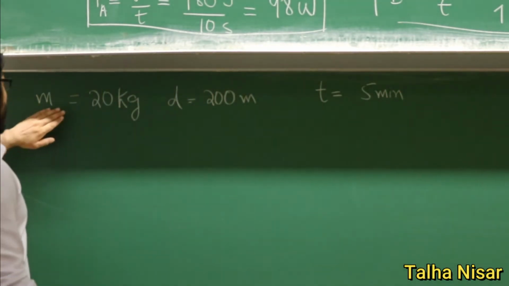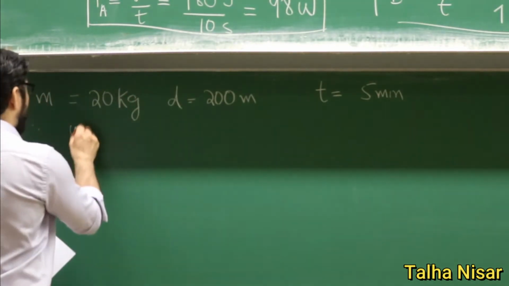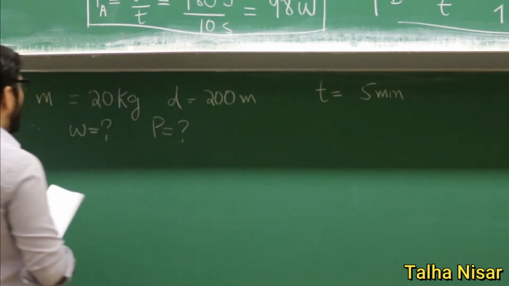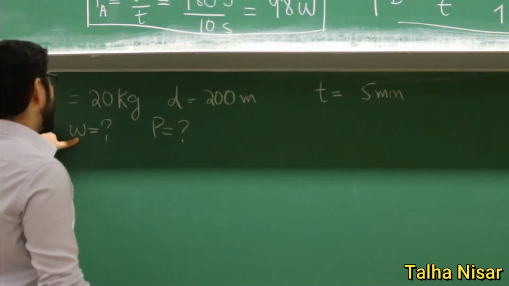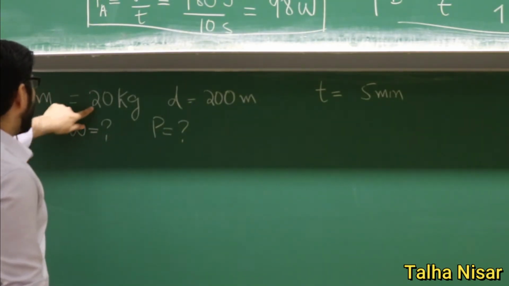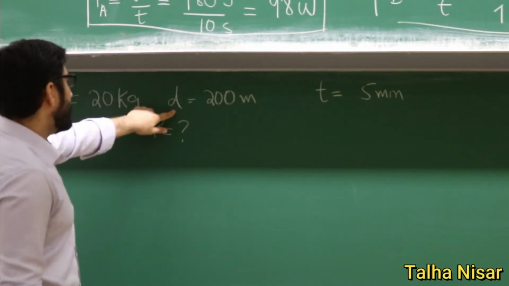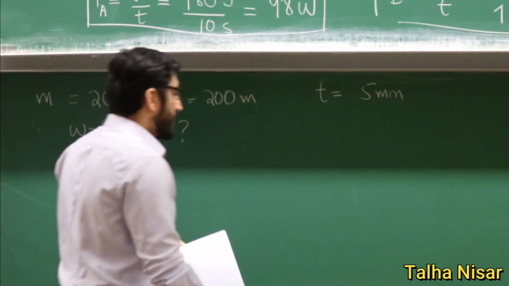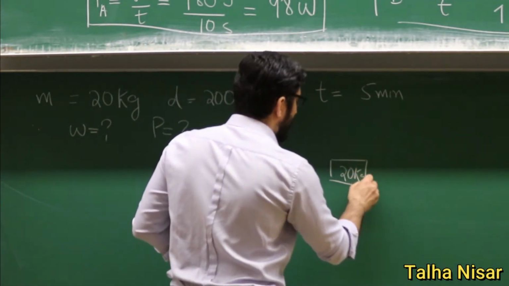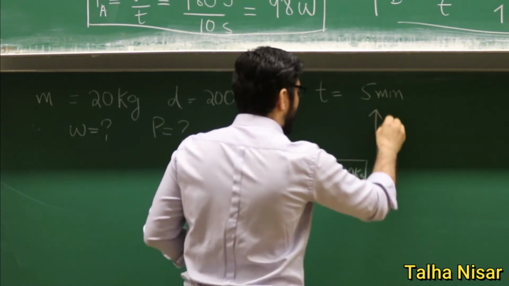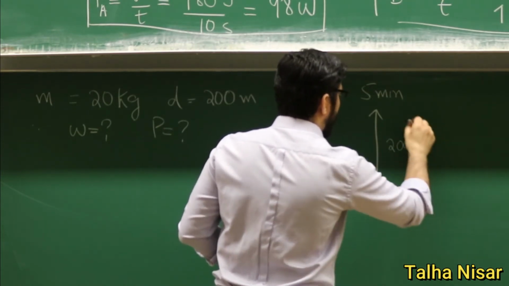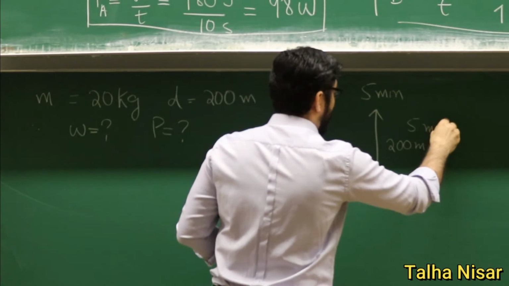We are asked to calculate first the work done and then the power. First we have to calculate the work done, because for the power we need the work done. So how do we calculate it? We have the mass of 20 kg, lifted to 200 meters in 5 minutes.